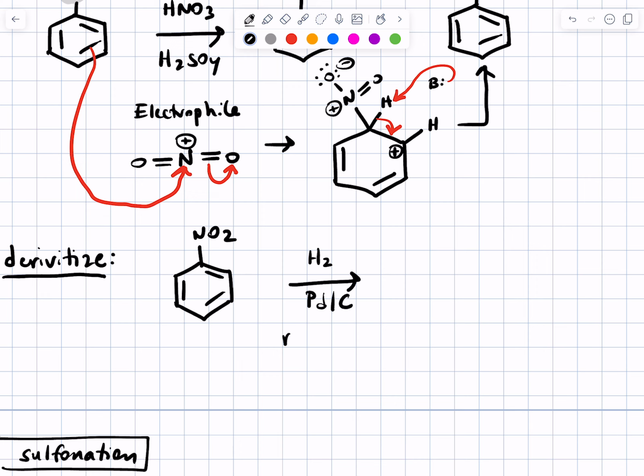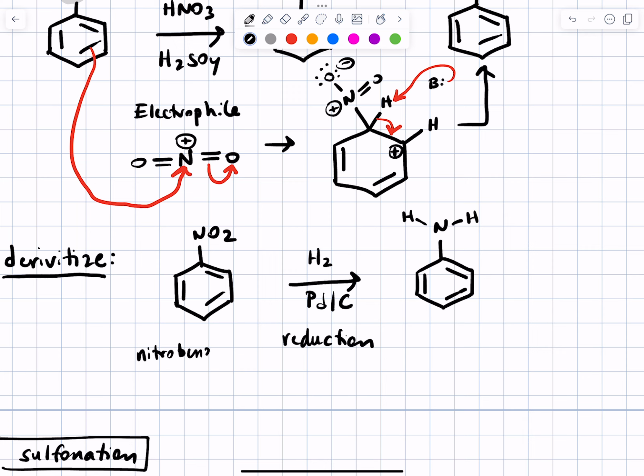This is a reduction reaction. You basically replace the nitrogen-oxygen bonds with nitrogen-hydrogen bonds. And again, we're not going to do the mechanism for this reaction, but this converts a nitrobenzene into an amine, and an amine that's attached to a benzene ring usually has the traditional non-systematic name of aniline.